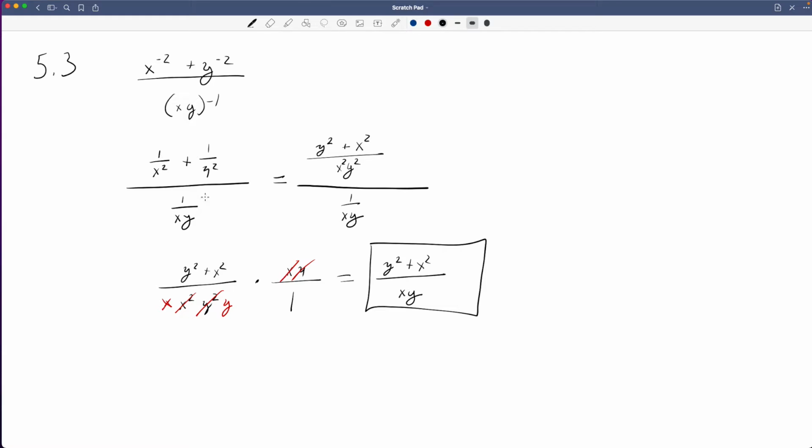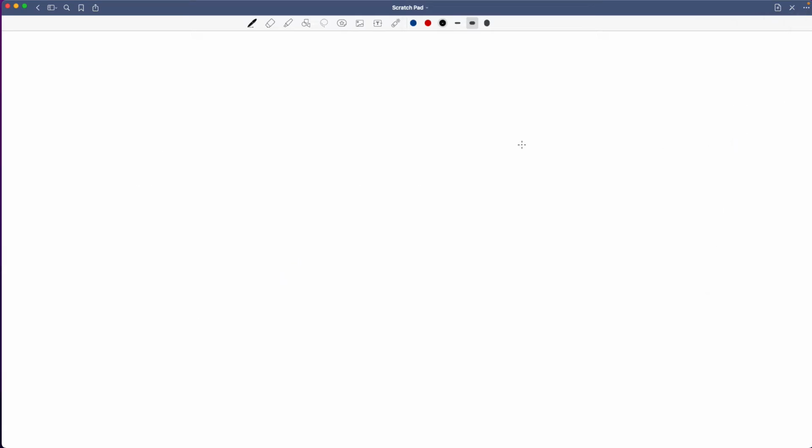All right, so let's look at example problem 5.4. So we have a doozy here. We have 3 times the square root of 3 over 2 minus 4 times the square root of 2 over 3 plus 2 times the square root of 24.